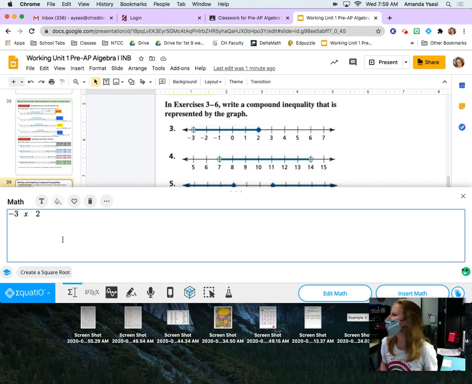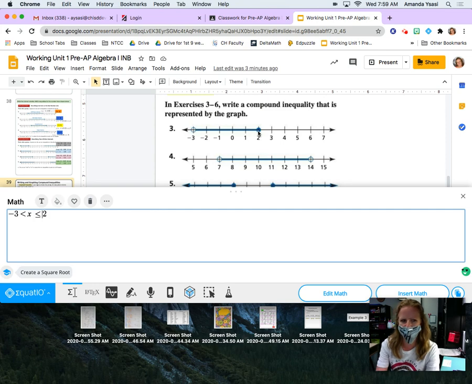And then we always use less than because it is going from least to greatest. And this is an open circle, so we're just going to put less than. I'm going to delete these spaces. And then for the 2, it is closed, so it's or equal to.